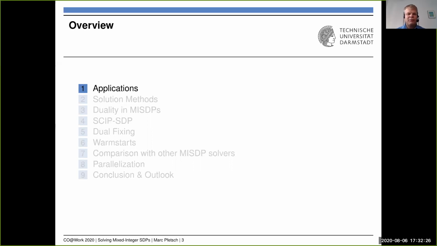Then I'll very briefly discuss some relevant topics, namely dual fixing and warmstarts. Then I'll show you a comparison with other mixed integer SDP solvers, where you also see results of SCIP-SDP. I'll quickly talk about parallelization, and then I'll close with conclusions and an outlook.